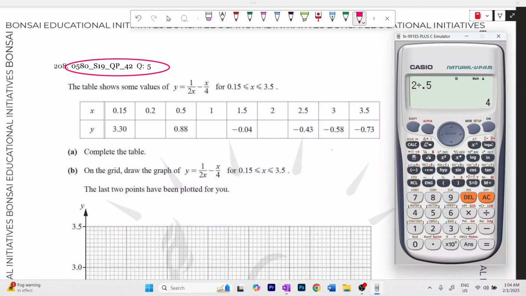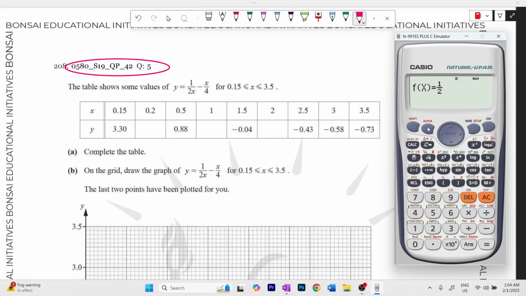Okay, let us go to the calculator. The function is function table. This is 7, and the function is y equals fraction, this is 1 over 2x. Fair enough.